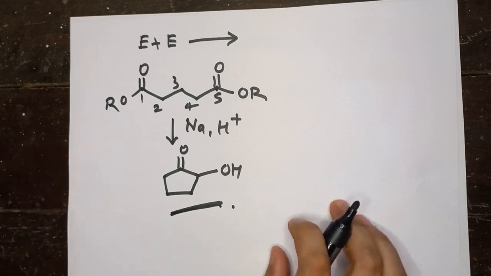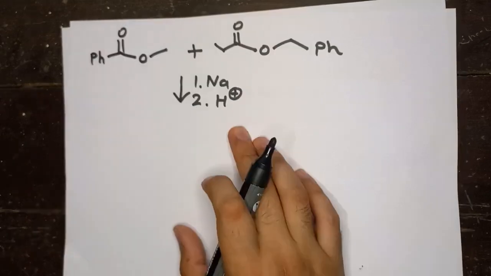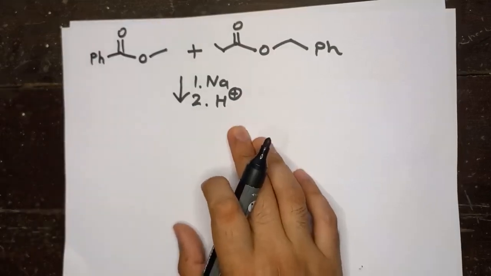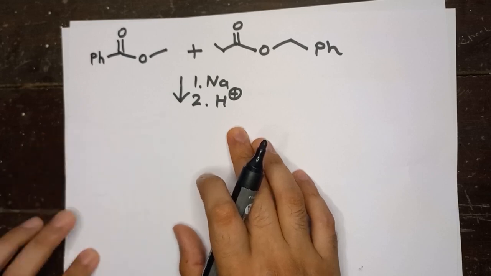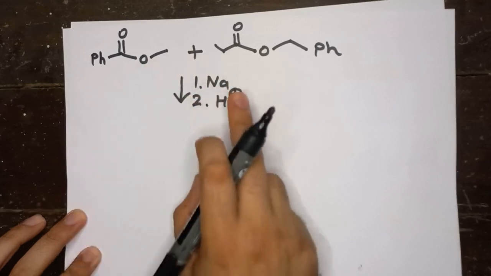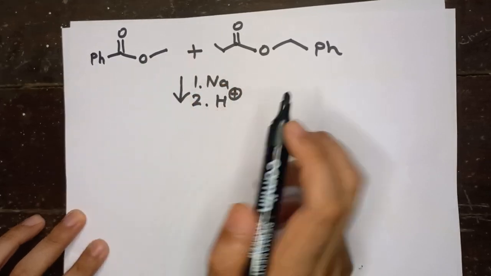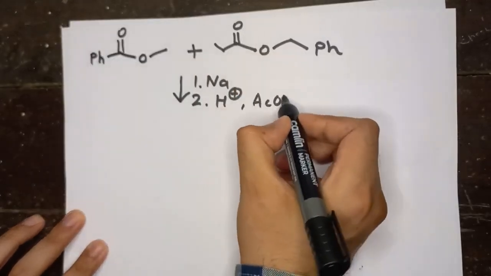So now let's solve 1-2 real life problems where you are going to actually see the alkoxy groups like benzyl, ethyl and things like that. Okay, so feel free to pause the video and try this reaction by yourself. So these two are the starting materials. We have two esters and we are using sodium metal with acidic medium like acetic acid.